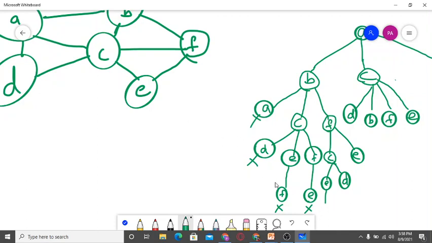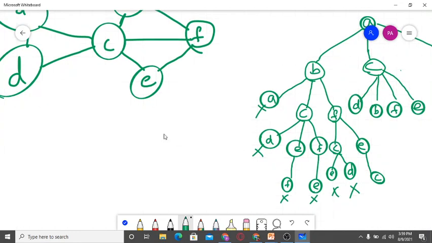It is not possible to go anywhere with the help of E. From E, we cannot go to C, cannot go to F, so it stops here. From D also it is not possible. Next, E. From E we can go to C and F. We are already coming from F, so we can go to C.